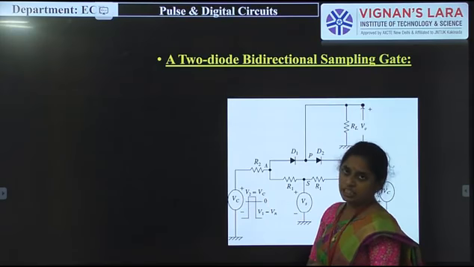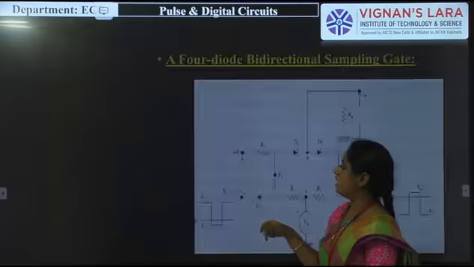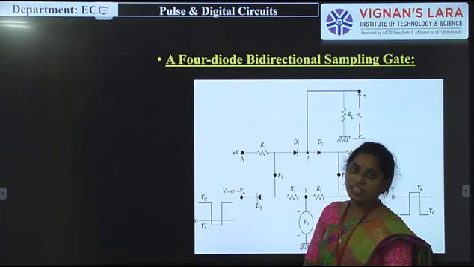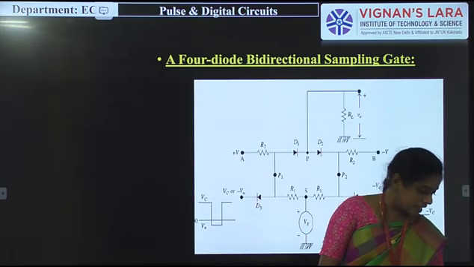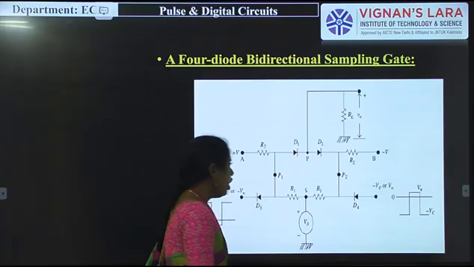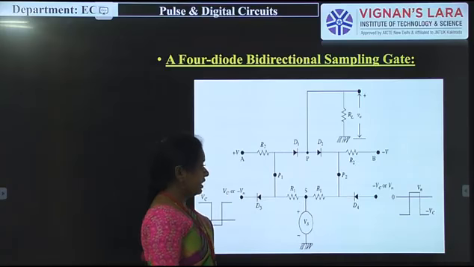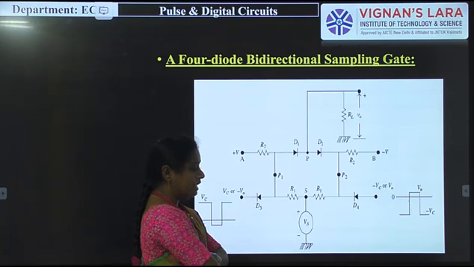These problems of the two diode bidirectional sampling gate can be eliminated by using a 4-diode sampling gate. So this is the connection of the 4-diode sampling gate.